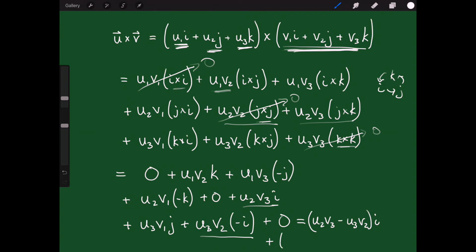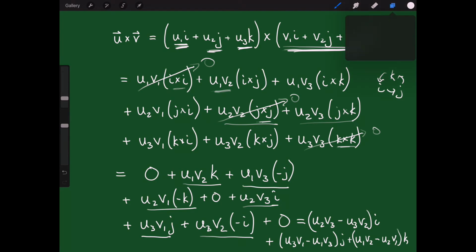So the J term would be, here's a J, and here's a J. So I have a U3 V1 minus a U1 V3 times J. And then what about the K terms? I have a K and a K. So I have plus U1 V2 minus U2 V1 all times K. And so that gives me my cross product in IJK form.